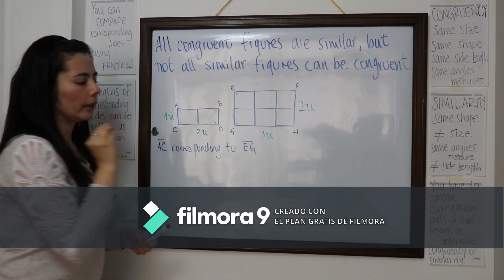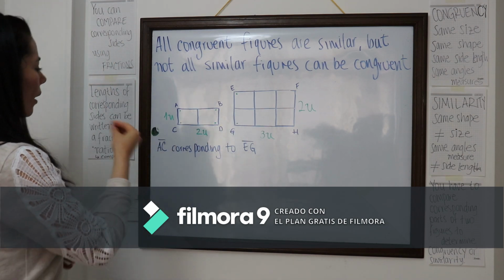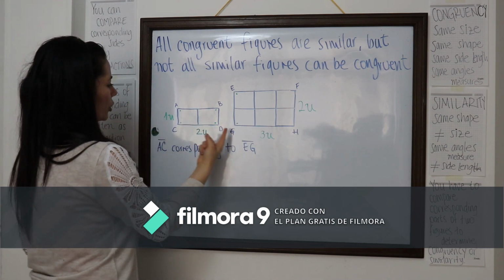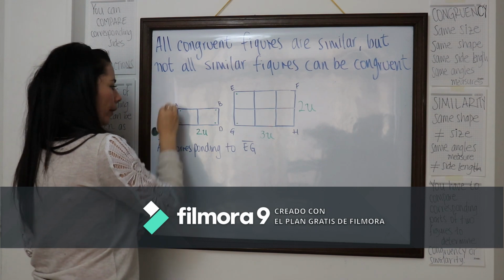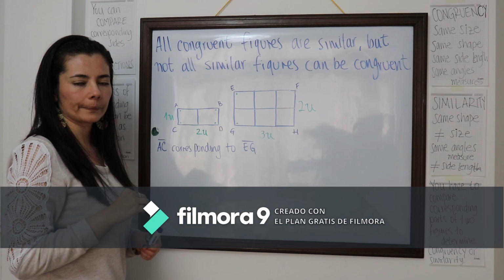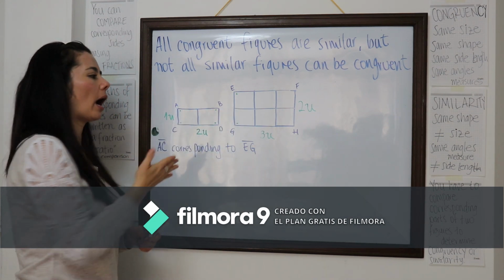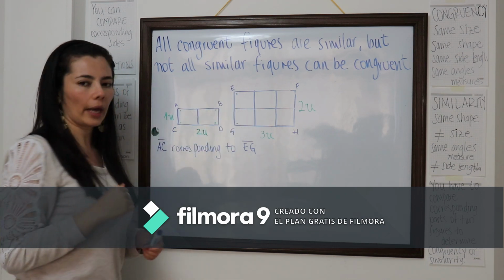Again, corresponding parts, you had it in your book, are always in terms of the very same place where the side or the angle is at. Okay? We're talking about different figures, but I'm looking for the same location.